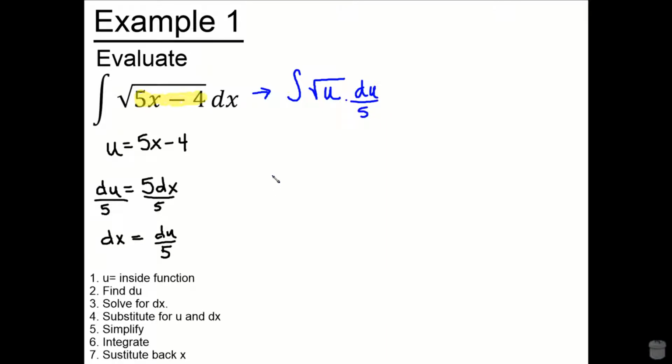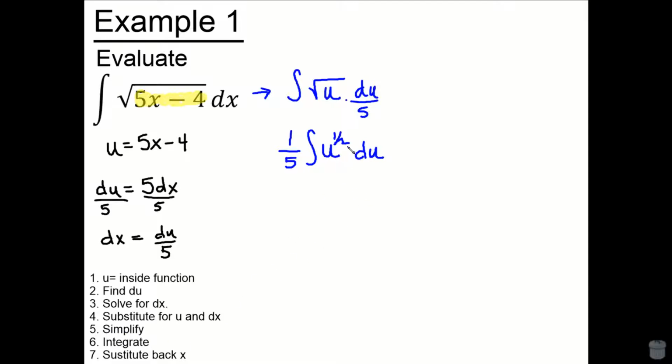Again, that's being multiplied. Since we have over 5, same thing as 1 over 5, that is our constant, we can put that on the outside, so it becomes 1 over 5 times the integral of u to the 1/2 du. Alright, this is me simplifying.